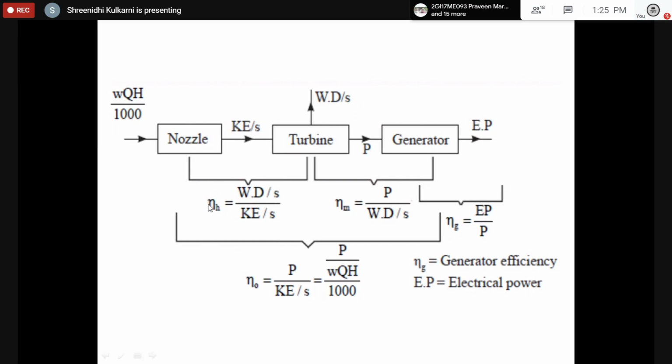Got it? So it gives the hydraulic efficiency. Hydraulic efficiency is nothing but work done per second by the kinetic energy per second.